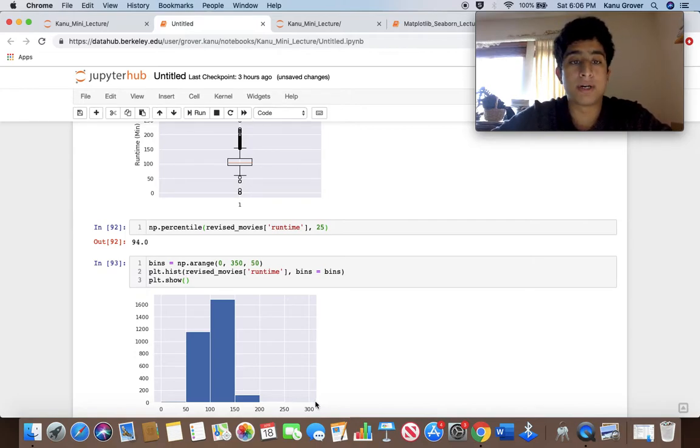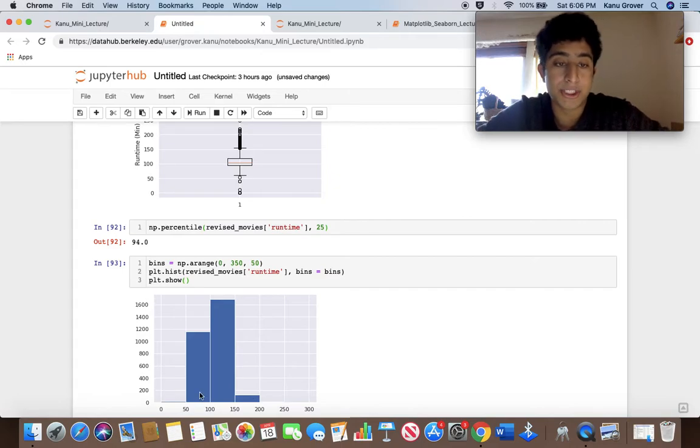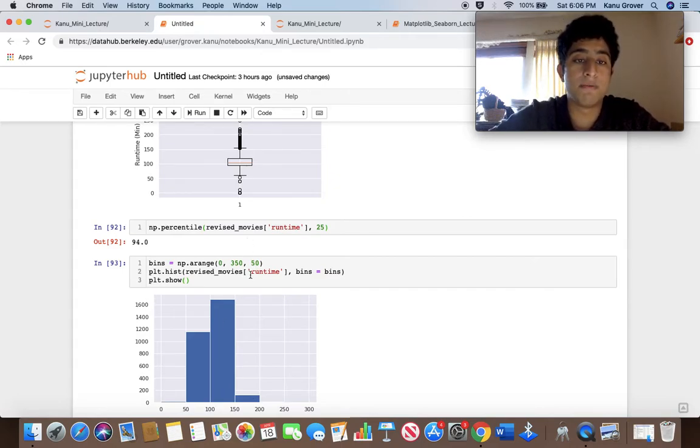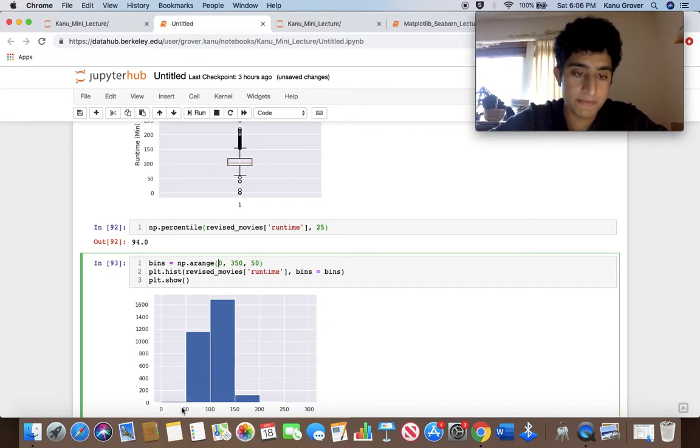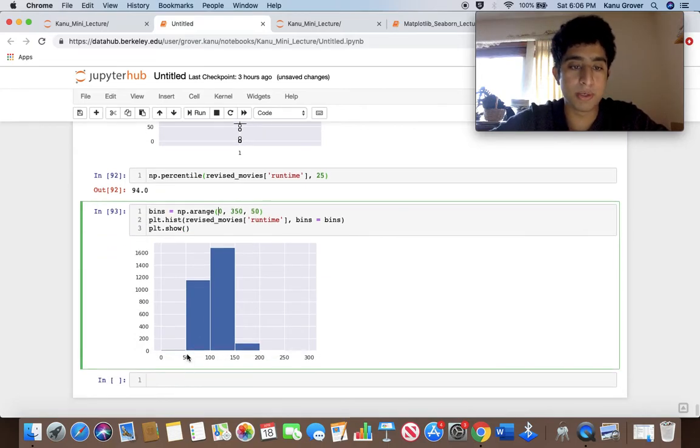So, for example, this histogram I drew is based off of the movie runtime. Basically, I divide up a movie's runtime into different bins, and the bins go on the x-axis. So the bins are basically how many movies had a runtime between 0 and 50, how many movies had a runtime between 50 and 100, 100 and 150, 150 and 200, etc. And the count of those movies is displayed on the y-axis, as you can see over here.